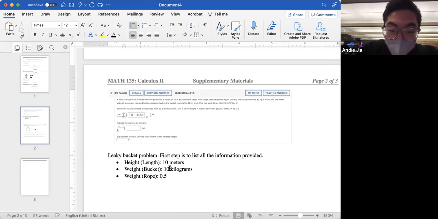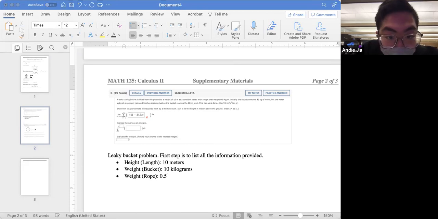Don't forget the unit. And this is the mass of the rope.